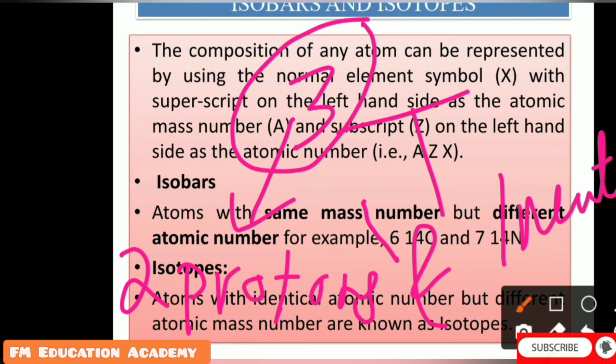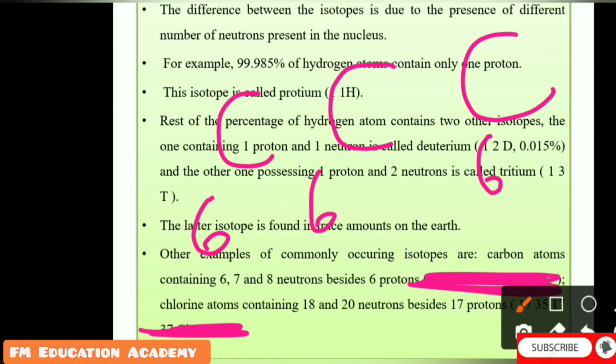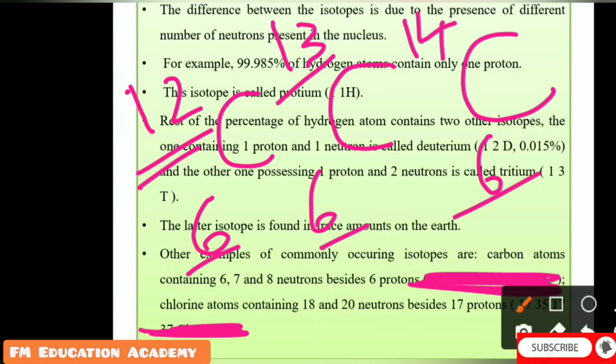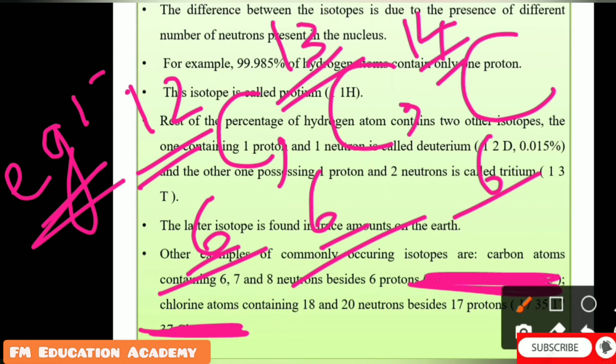Now coming to some more examples of isotopes. Carbon has 3 isotopes. The atomic number of carbon is 6, so 6 will be there for all. But it can be carbon-12, carbon-13 and carbon-14. Here the atomic number is the same but the mass number is different: 12, 13 and 14. So the isotopes of carbon are C-6-12, C-6-13 and C-6-14.